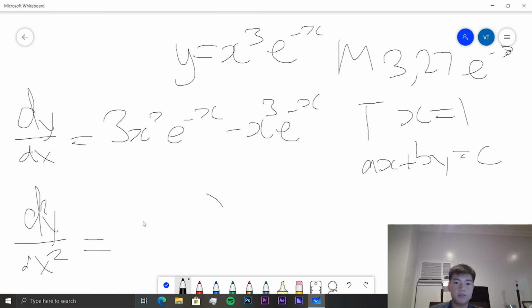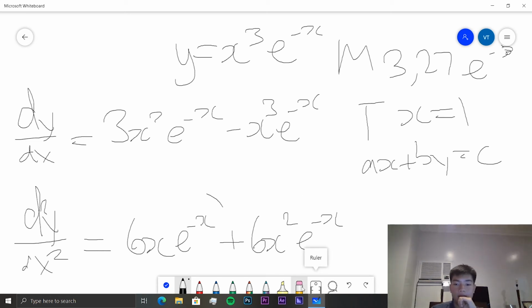It's equal to, what is this? This is 6x e to the negative x plus 6x squared e to the negative x. No, actually, it's just 6x e to the negative x minus 6x squared e to the negative x plus x cubed e to the negative x.